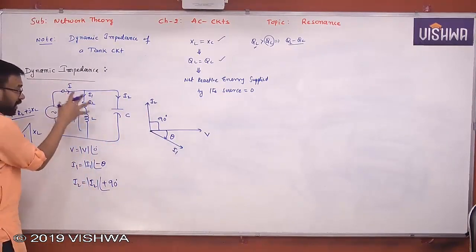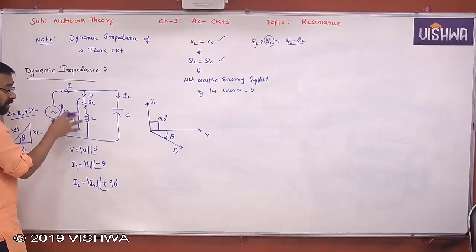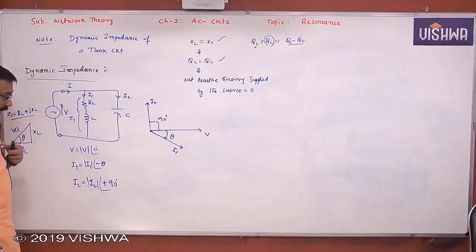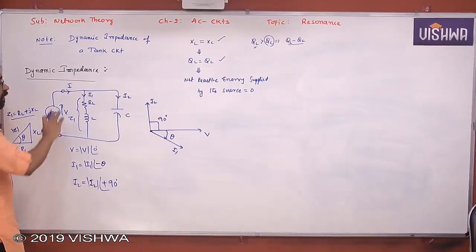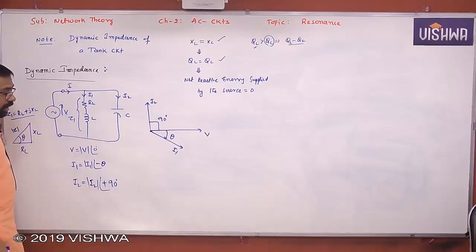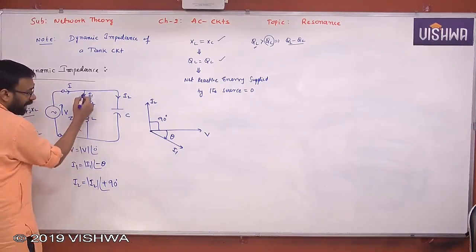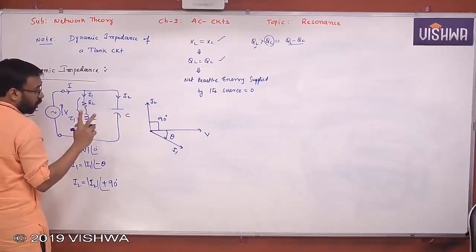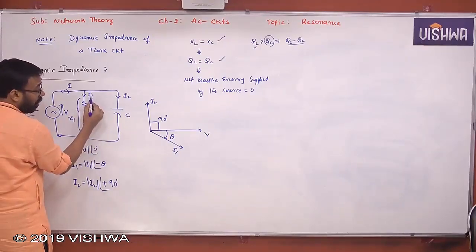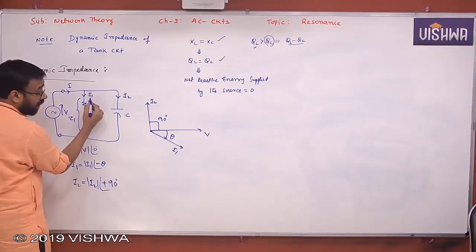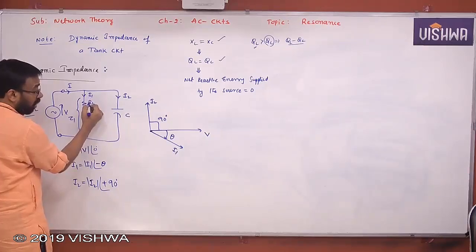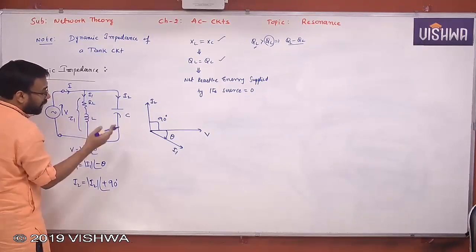Now at resonance, let us try to find the impedance of the circuit. At resonance, what will happen? This path has two components of the current, a real component and an imaginary component, horizontal and vertical.